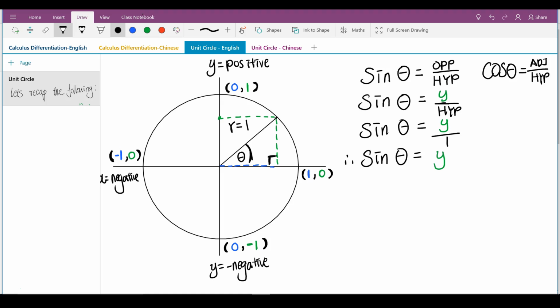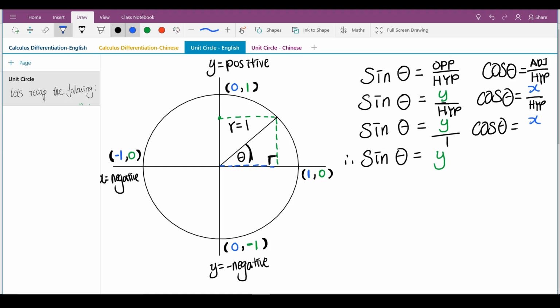Therefore, cos theta is equal to x over hypotenuse. And like we talked about before, the hypotenuse is literally 1.